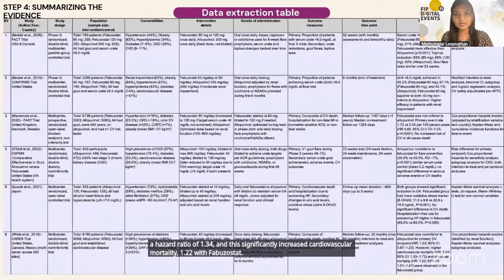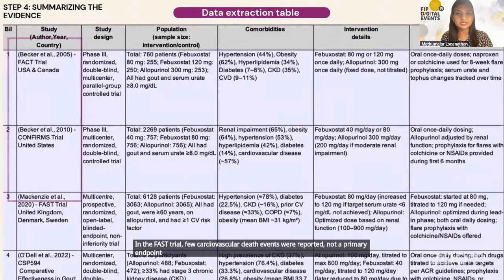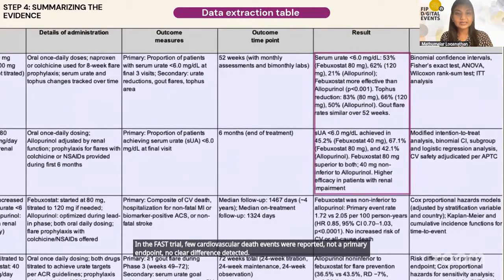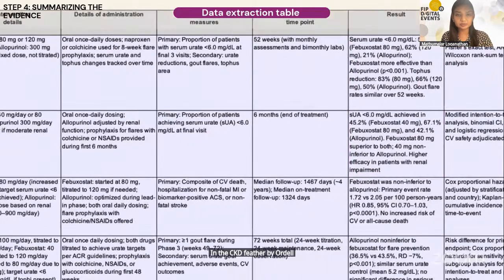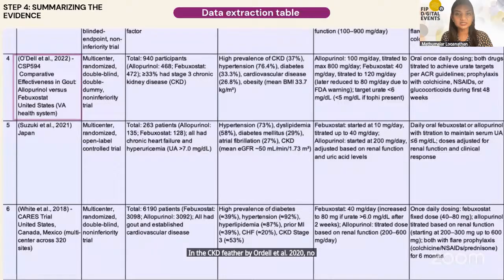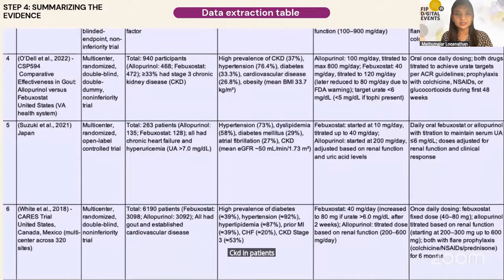In the FAST trial, few cardiovascular death events were reported, not a primary endpoint, and no clear difference was detected. In the CKD FEATHER trial by Kojima et al. in 2020, there was no significant difference in serious adverse events, suggesting comparable cardiovascular safety in patients with CKD.